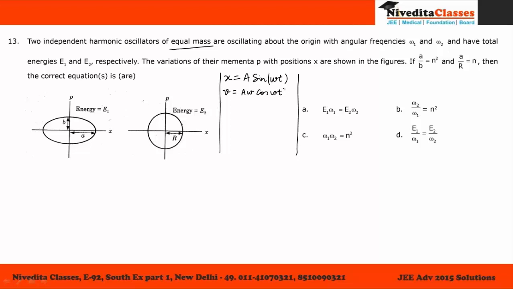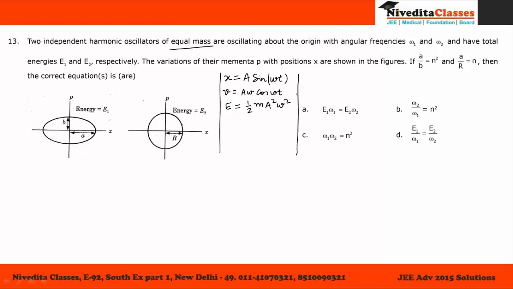And the last equation we will need to solve this problem is the energy, which is half m v square, and the total energy of the system is half m A square omega square.